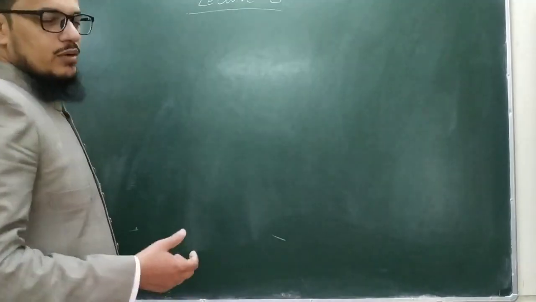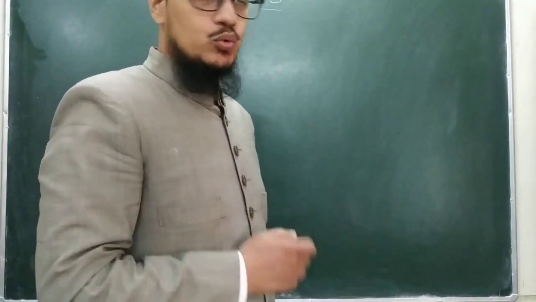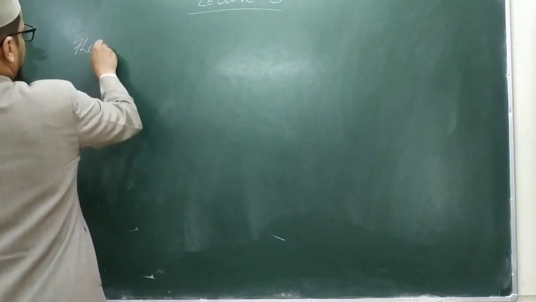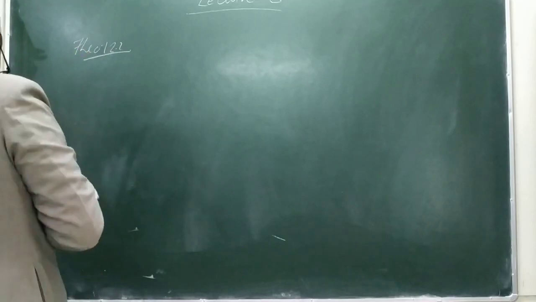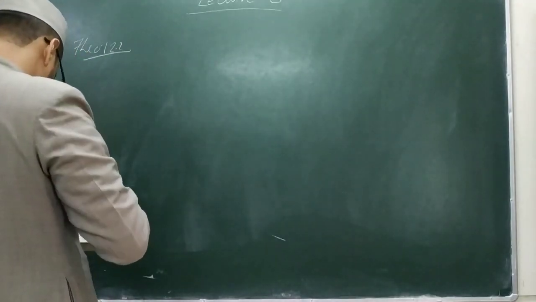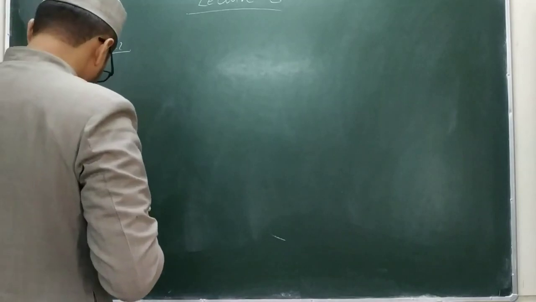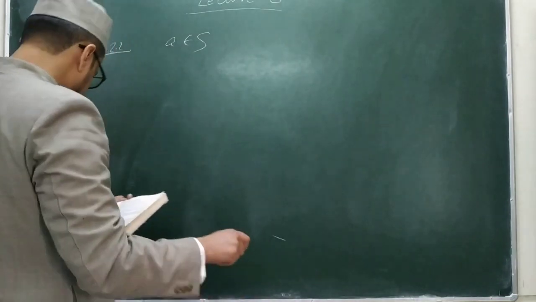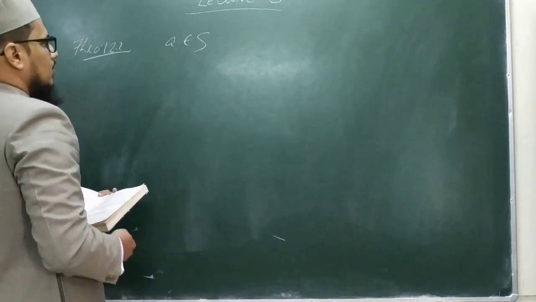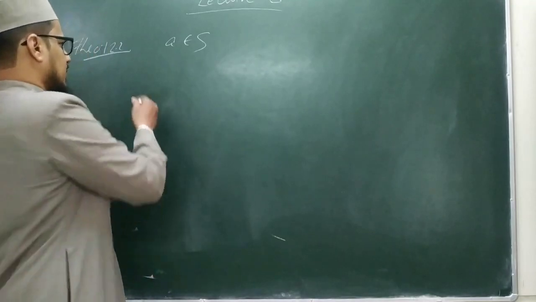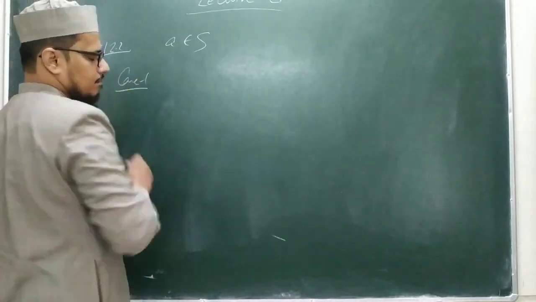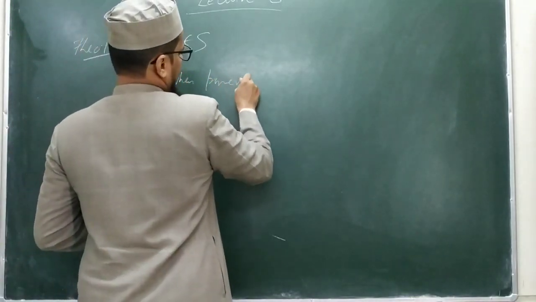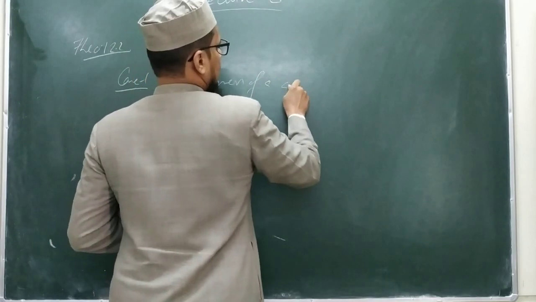In the previous lecture we did Theorem 1.2.2. That is, if A is an element of a semigroup S, then there are two cases. Case 1, when powers of A are distinct.